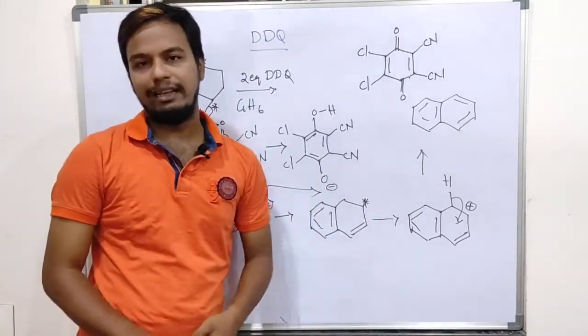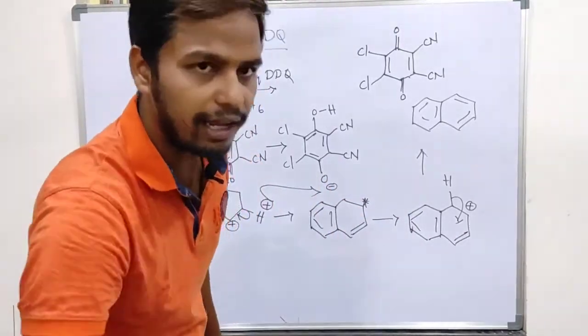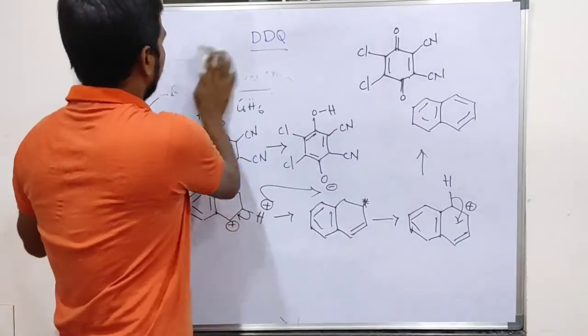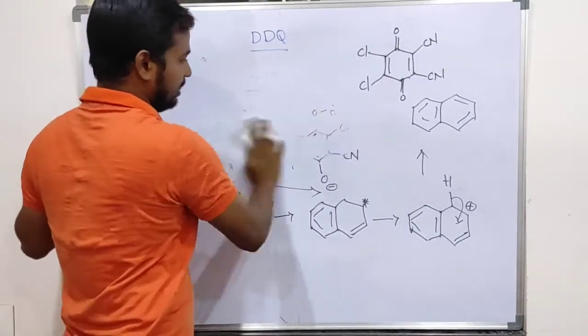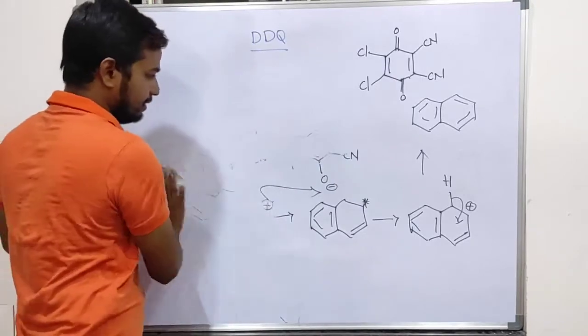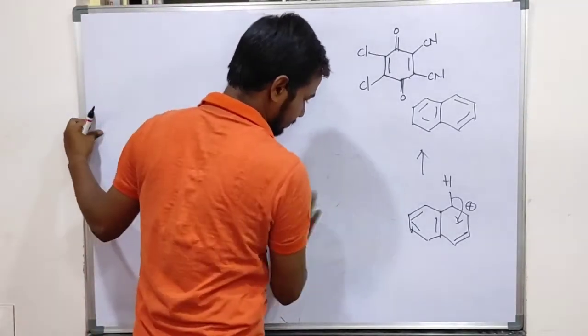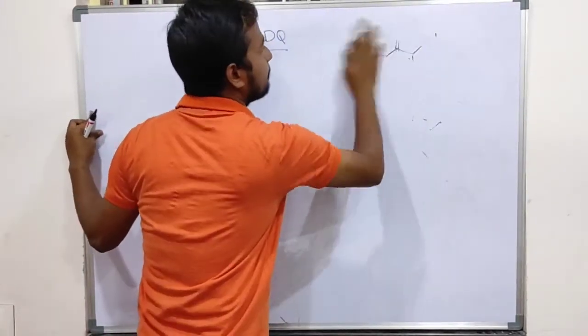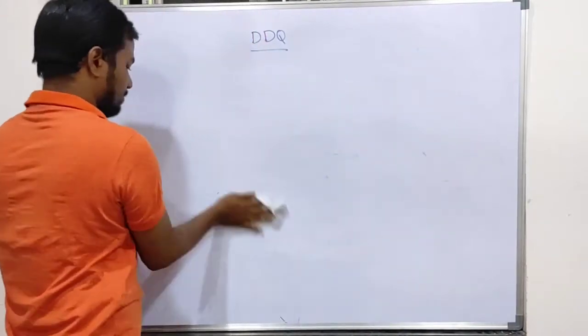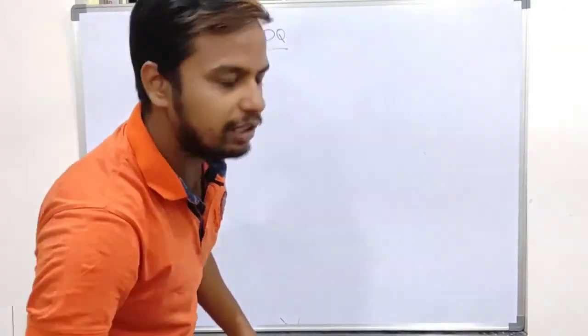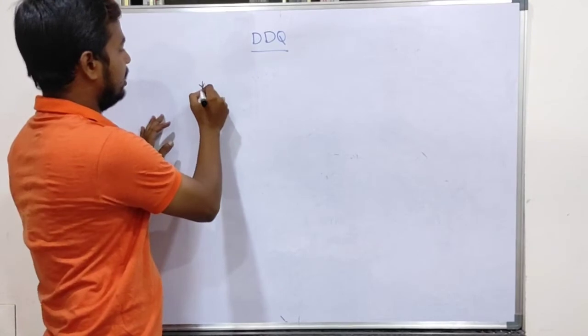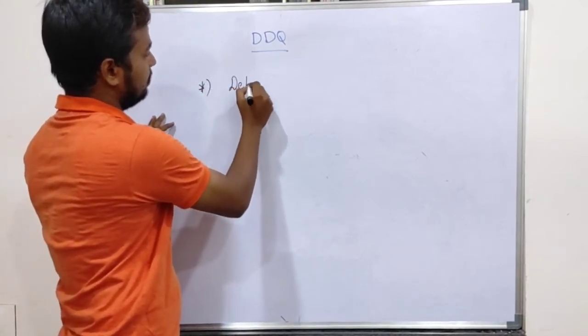So we will see the other applications of DDQ. Not only aromatization, we have seen dehydrogenation reactions, right? So if you discuss the applications of DDQ, the first application is dehydrogenation.